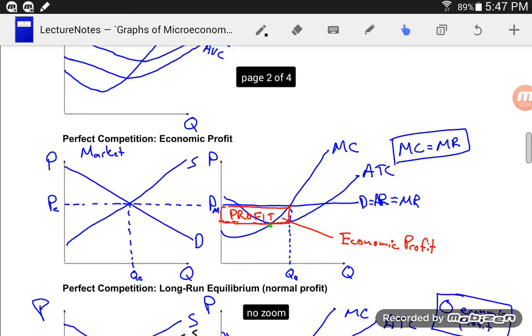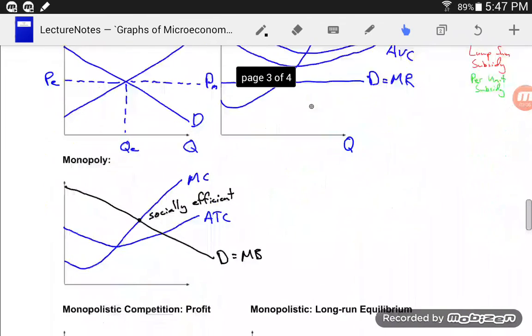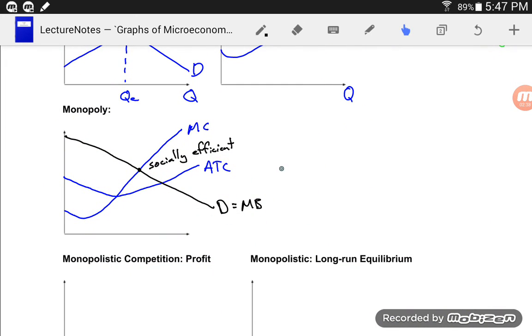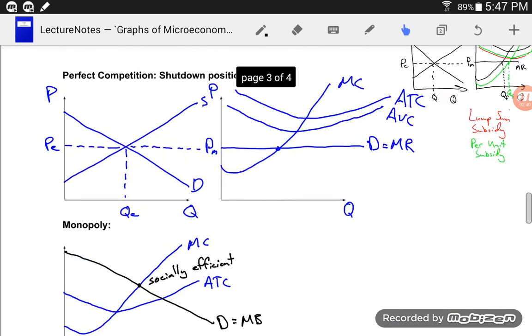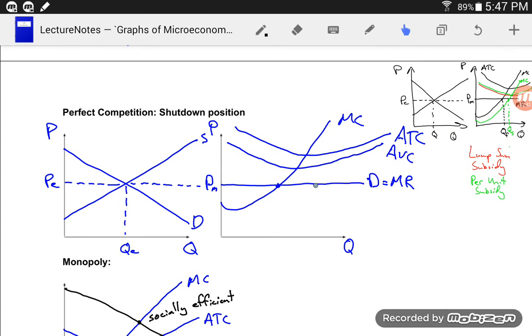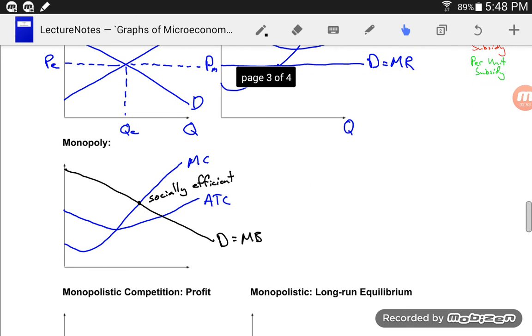In this case, demand is not the marginal revenue. Here it was because the price that you sell at is the price you get for every single one, so the revenue stays the same. But here we've got a different scenario.